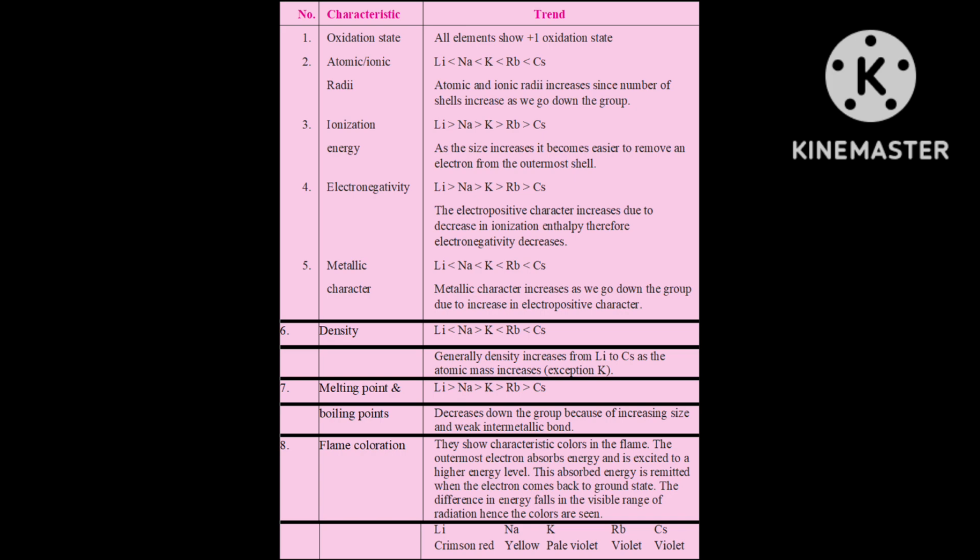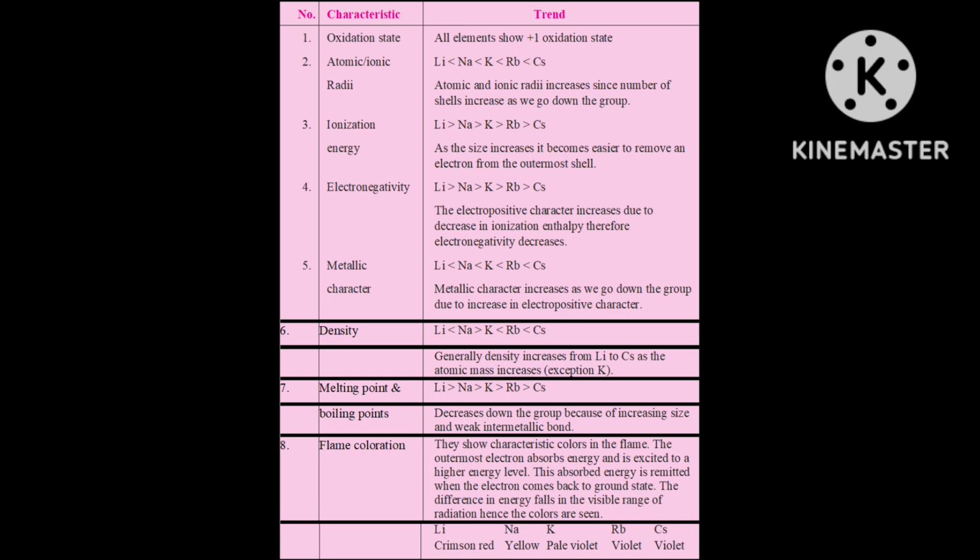Here I will tell you a few examples. Lithium will show crimson red color. I am talking about the wavelength in nanometers. A nanometer is very, very small: 10 to the power minus 9 meter is equal to 1 nanometer.